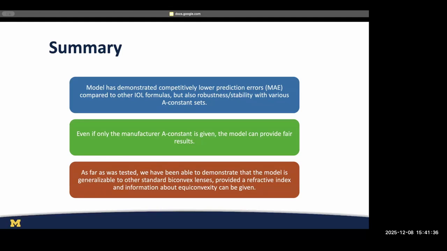Even if you only had the manufacturer A constant and you don't have the empirical one, the model can still provide fair results. We were only able to test on 3 different types of lenses, but we were able to demonstrate with those 3 lenses that the model is generalizable to other standard biconvex lenses, as long as you know a refractive index and you know a little bit about the shape of the lens.